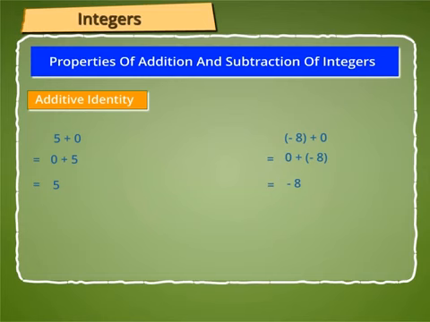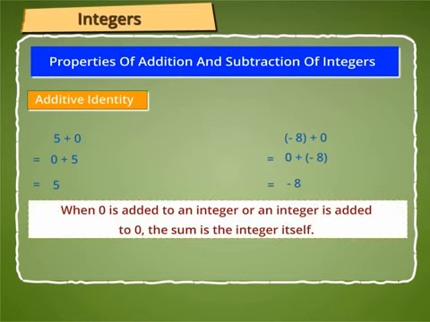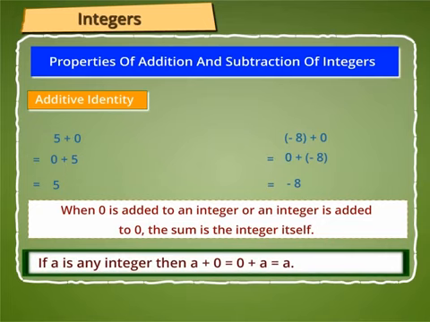From the above we observe, when 0 is added to an integer or an integer is added to 0, the sum is the integer itself. Thus, 0 is the additive identity. Hence, if a is any integer, then a plus 0 is equal to 0 plus a is equal to a.